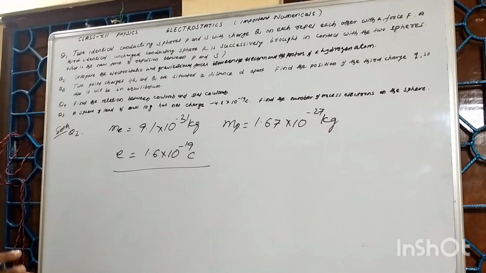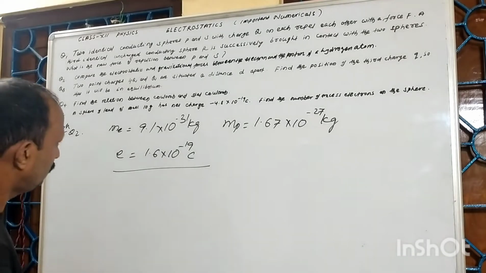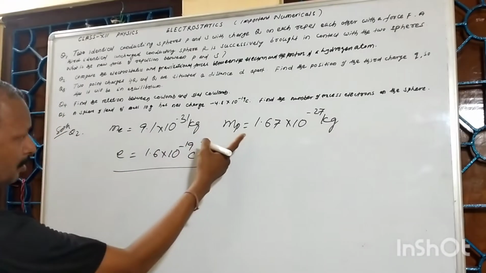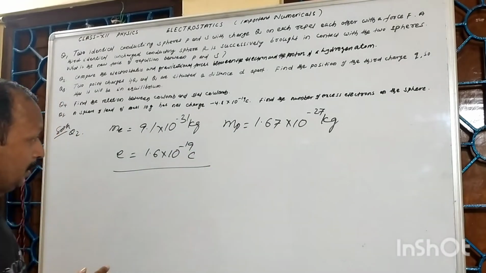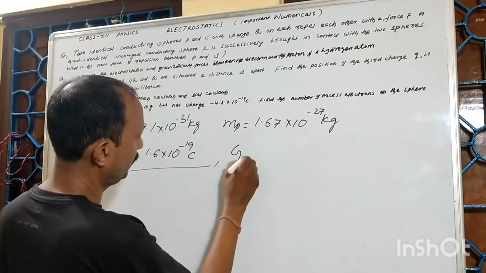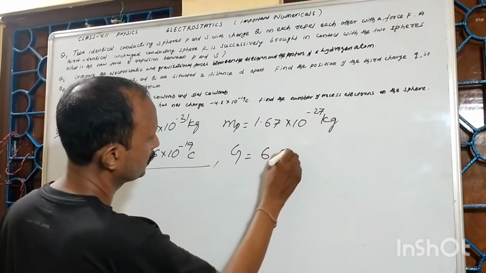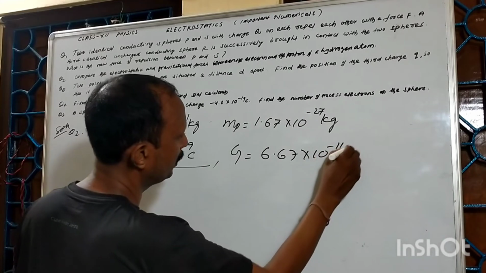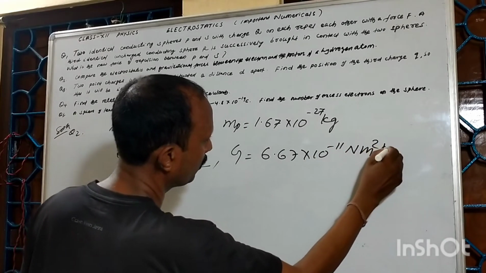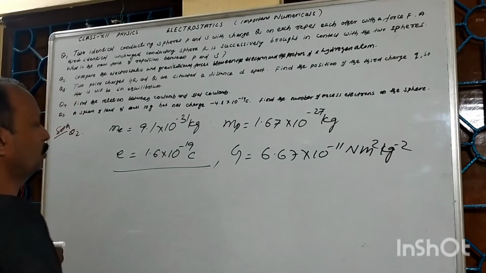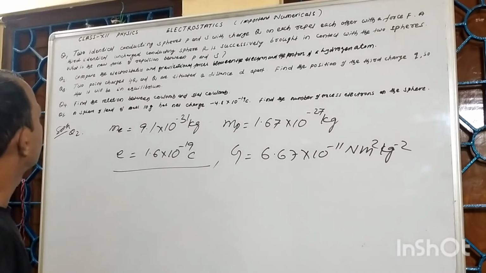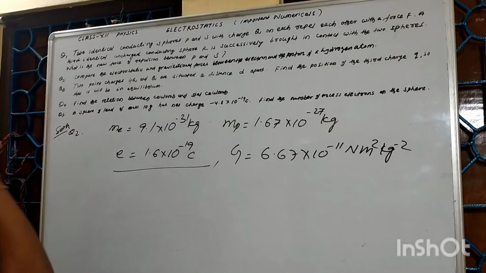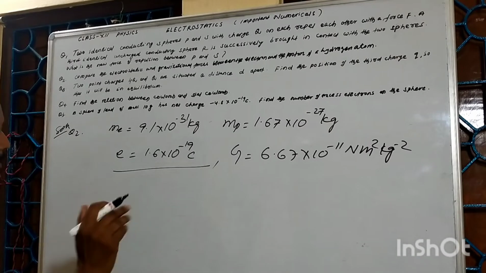Electron is negative, proton is positive, no doubt at all. And the gravitational constant is 6.67 into 10 to the power minus 11 Newton meter square per kg square.